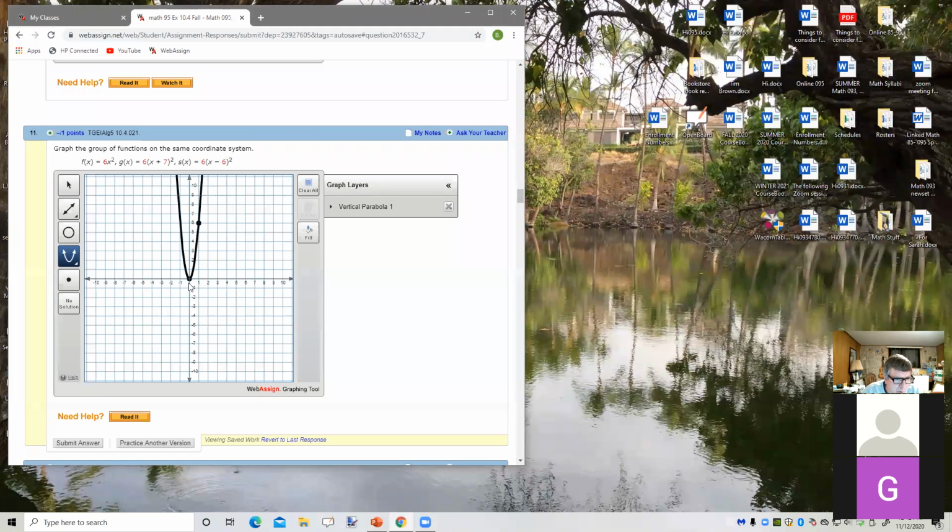If I take the origin, (0, 0), and I go 7 to the left, it's going to be right there. Okay? If I take (1, 6), and I go 7 to the left, 1 plus 6 is going to be right there. And there you go. See what I'm saying? Yeah, I get it.